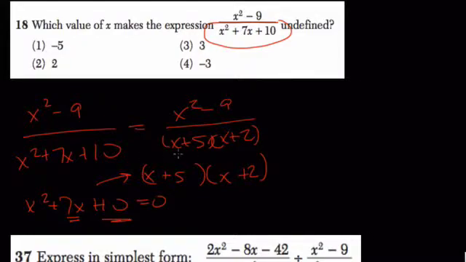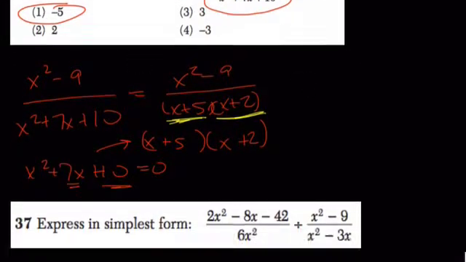If x equals negative 5 and I plug it in, this term would be 0, and the whole denominator would be 0. The same is true with negative 2. If we plug that into this term, we would get the whole denominator being 0, and it would be undefined. So our choices are negative 5 and negative 2. But they only give us negative 5, so we'll pick that one.